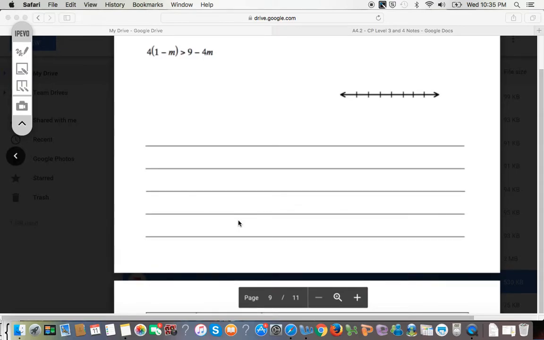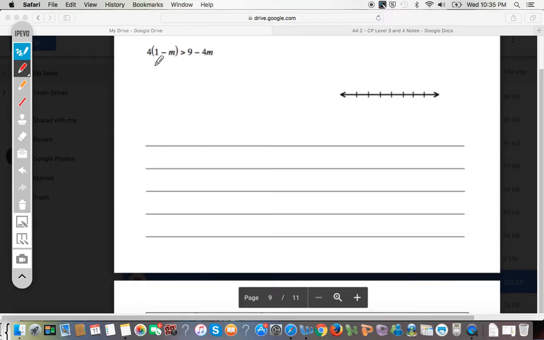Okay, so let's go to this bottom one here. Again, I'll solve. So I'll distribute. So I have 4 times 1, which is 4. And 4 times negative m, which is negative 4m. I know this is greater than 9 minus 4m.